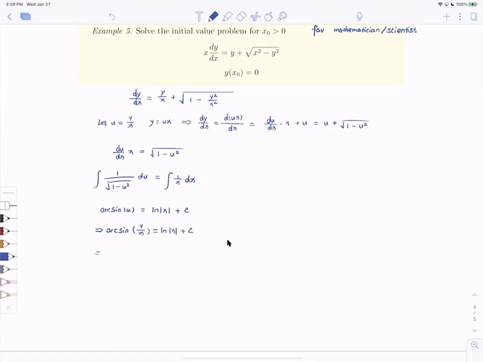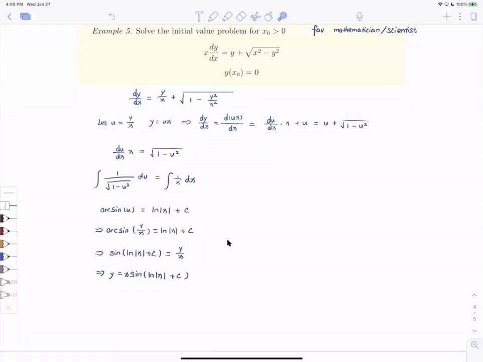So sine of log absolute value of x plus c equals y over x. So y equals x times sine of log absolute value of x plus c.